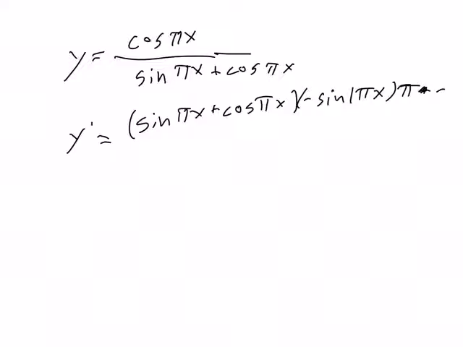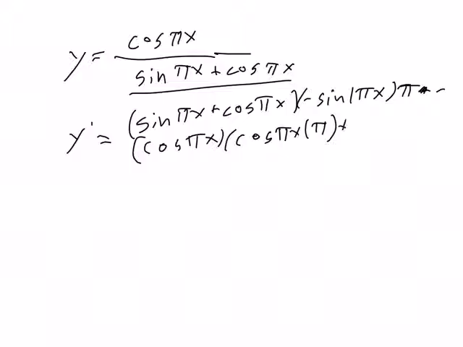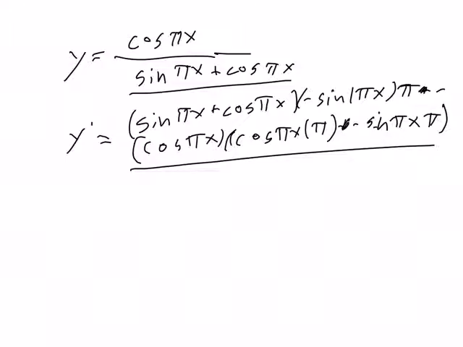Then we're going to have all this minus cosine pi x times the derivative of this, which is going to give us cosine pi x times pi minus sine pi x times pi. So that's all of that. Right? Yeah. Looks right. All over sine pi x plus cosine pi x squared.